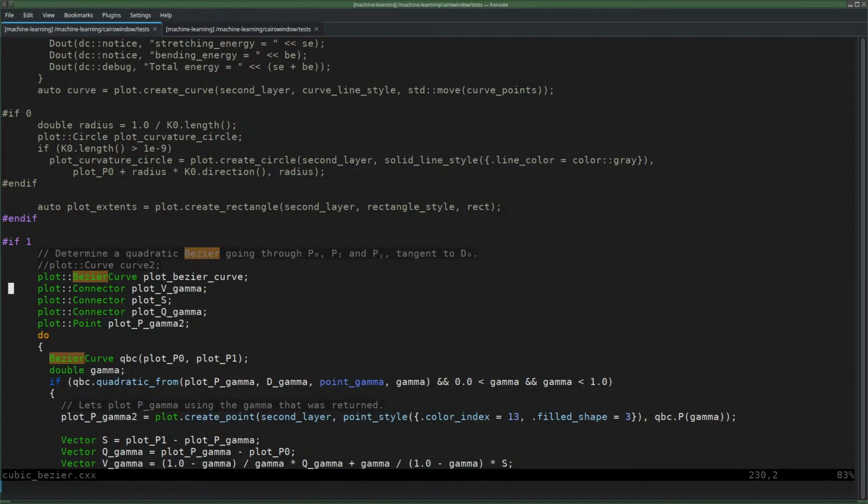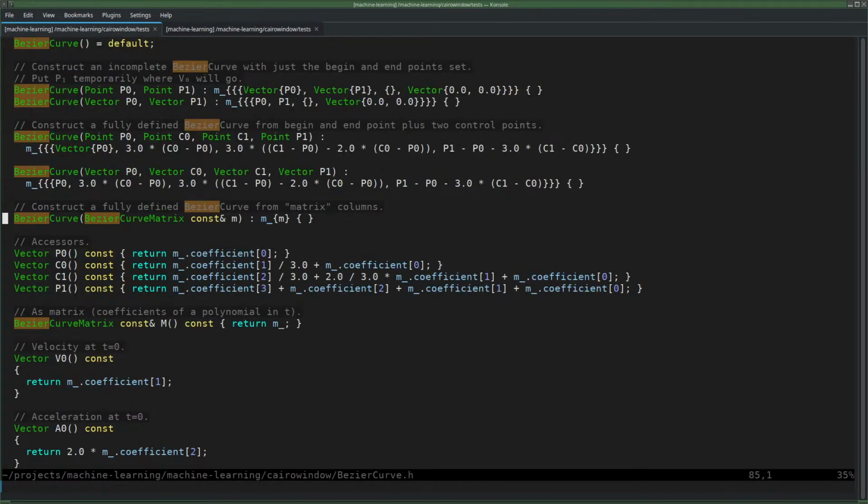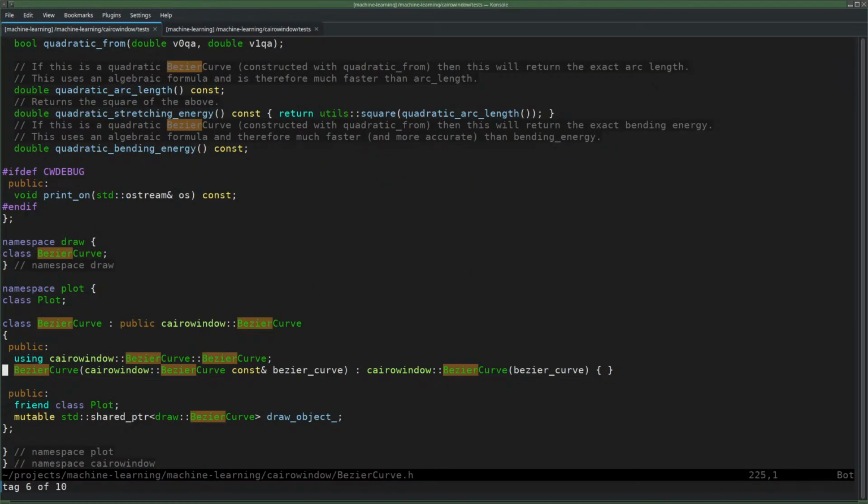Maybe just wait a minute. How many Bezier curves do we have? I think Bezier curves just for plotting. So I think there's only one of them. Oh, we also have one in draw. Okay, that's not really interesting. So I need plot Bezier curve, yeah.